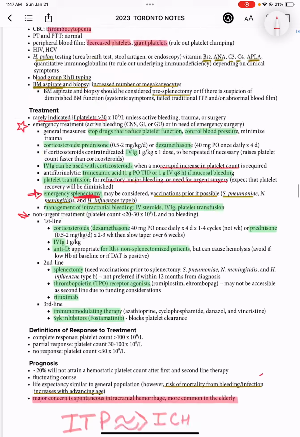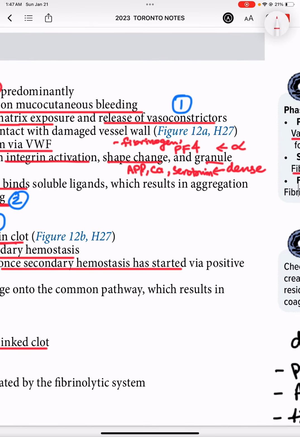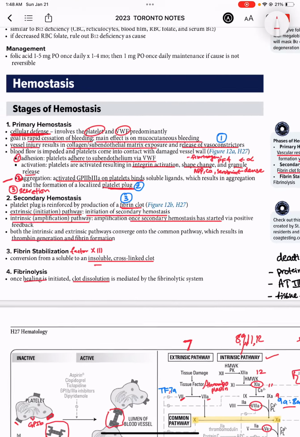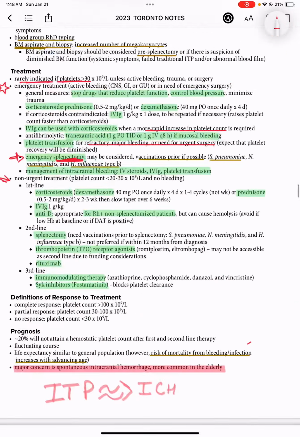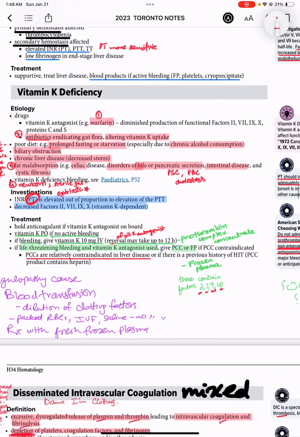Let me quickly check that point, because I know that in alpha granules there is fibrinogen and PF4, and in dense granules ADP, calcium and serotonin. Okay, so not factor 8, but yeah, it releases from endothelium too.